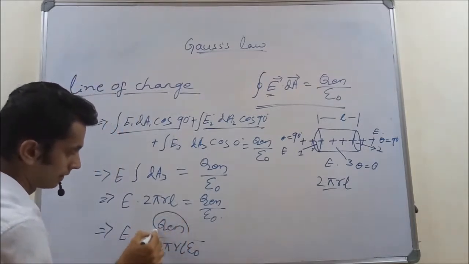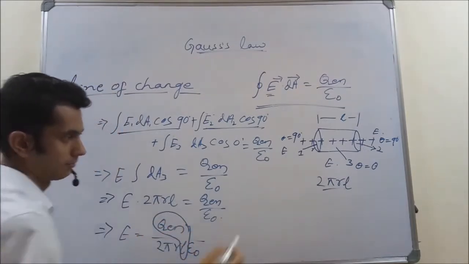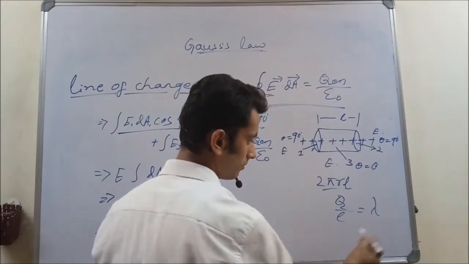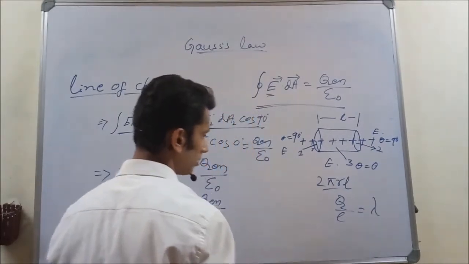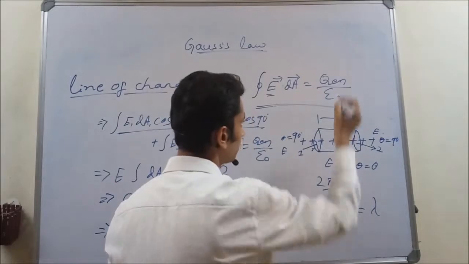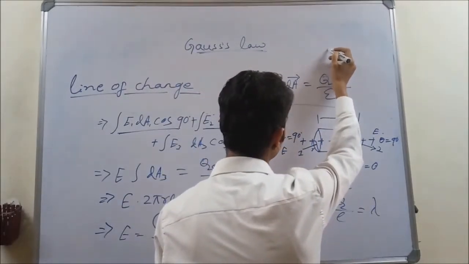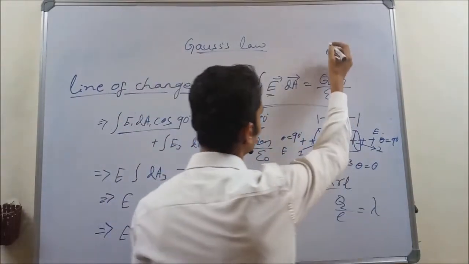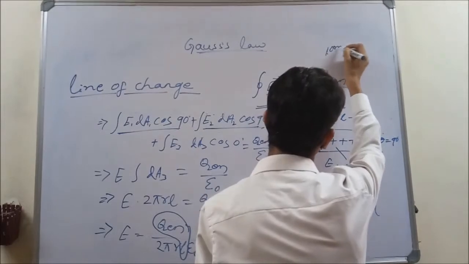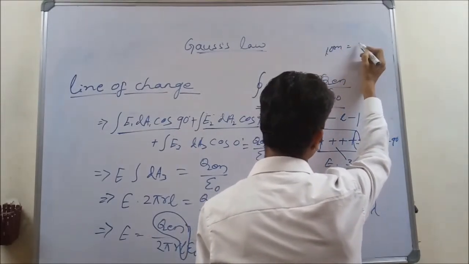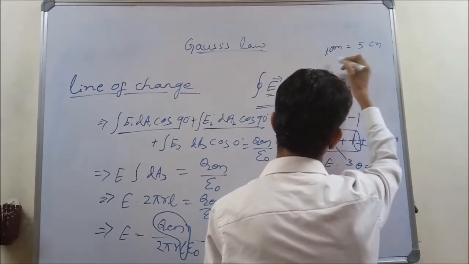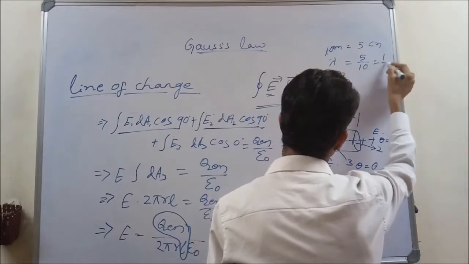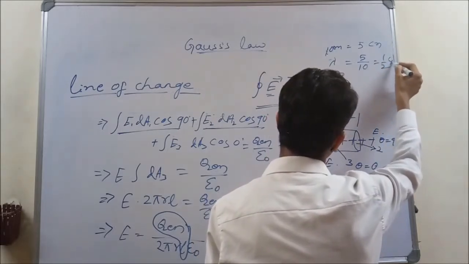So q by L is lambda. Lambda means linear charge density. Linear charge density means the amount of charge present per unit length. So in a 10 centimeter length, if there are 5 coulombs of charge, then lambda will be 5 by 10, which is 1 by 2 coulomb per centimeter.